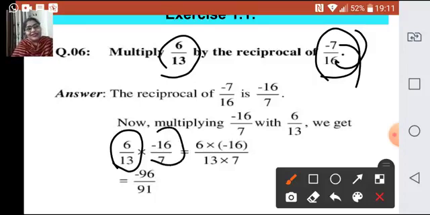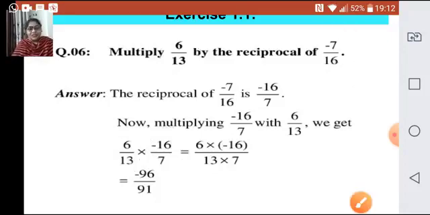Now you can see here I have multiplied by negative 16 upon 7, which will be equal to, now in multiplication, you can directly multiply numerator to numerator, denominator to denominator. So 6 into negative 16 is equal to negative 96, children, and the denominator will be 13 into 7, which is 91. I hope this is clear.